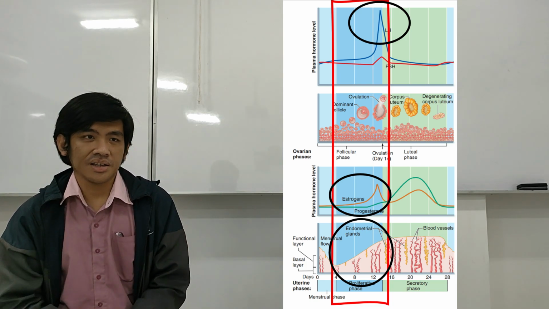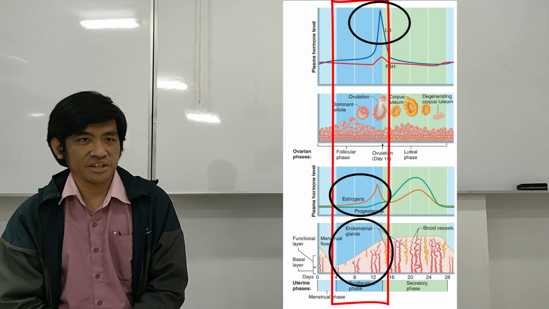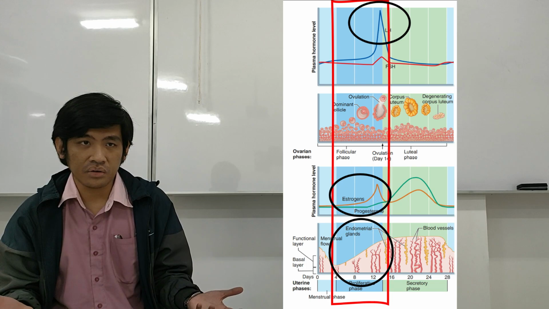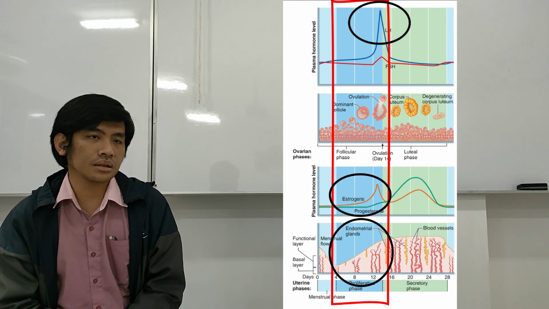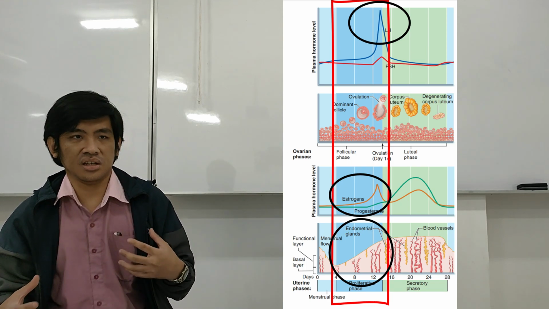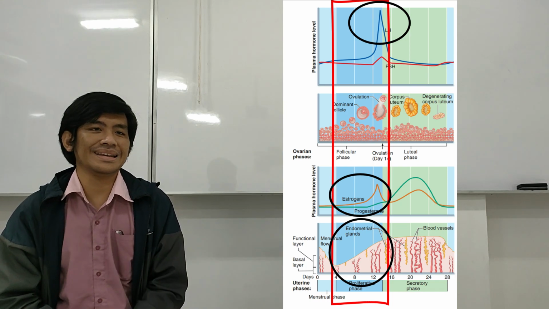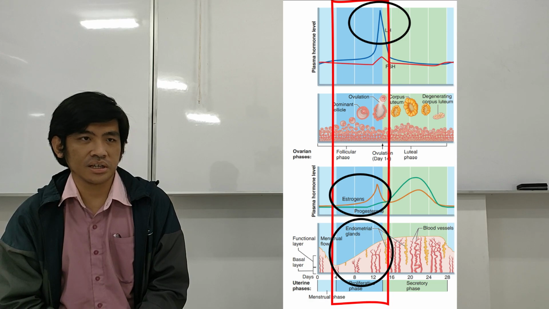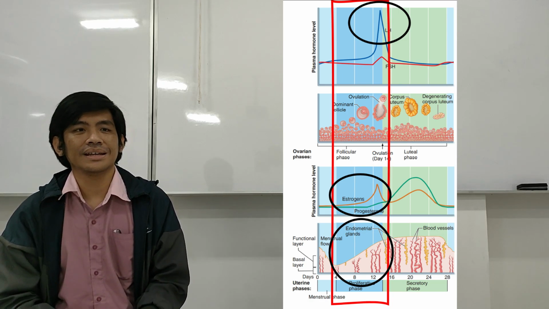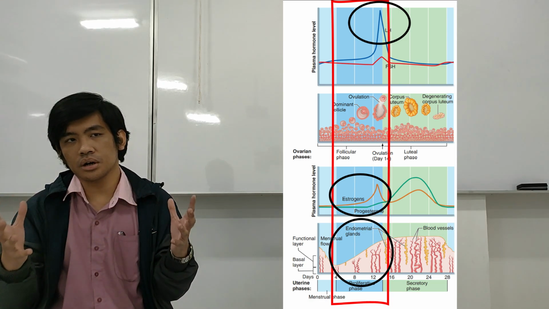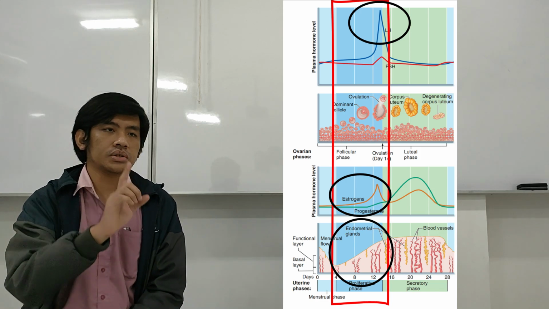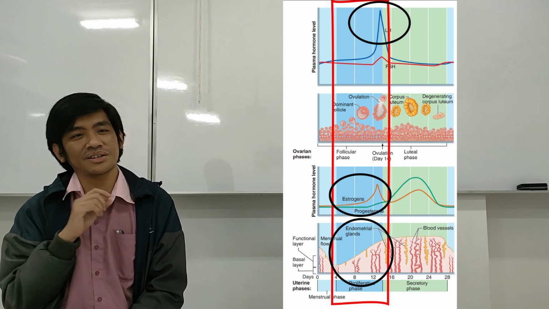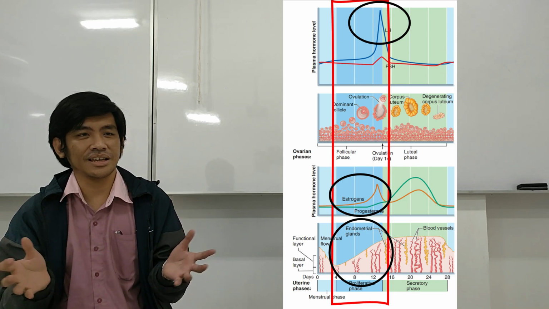The phenomenon is what we call Mittelschmerz, and the precise cause is unknown, but it may include an intense stretching of the ovarian wall that leads up to ovulation and irritation of the peritoneum by a small amount of fluid released by the rupture of follicle. Please do remember this, as this information will become important when we are talking about the fertilization later.